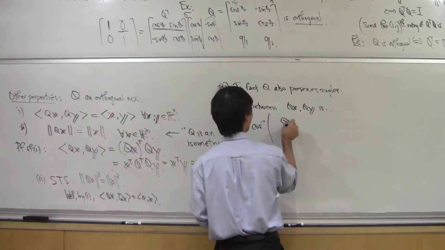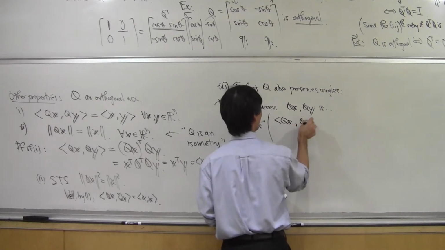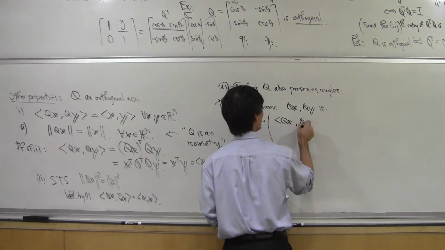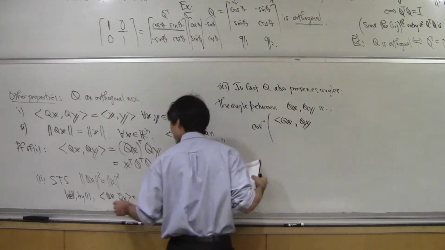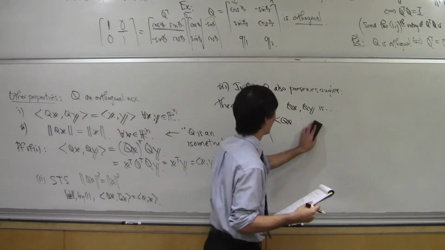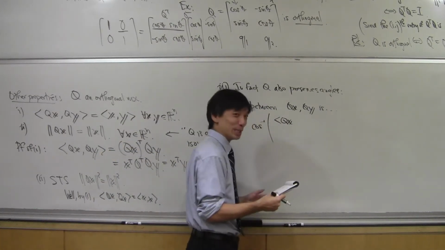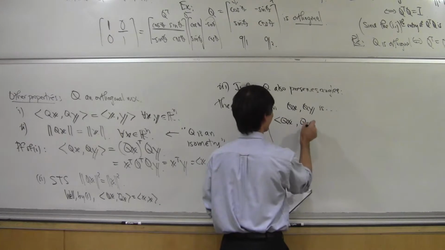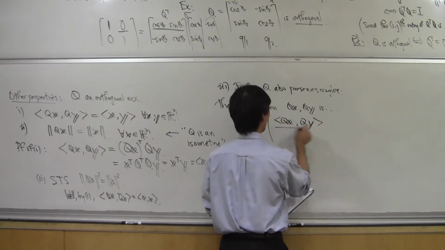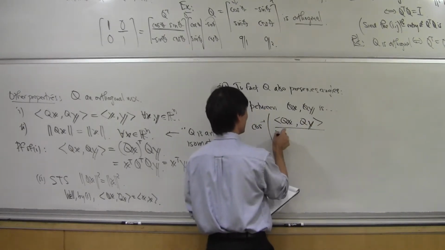The dot product of the vectors. How about you're forbidden to say anything more? The dot product of the vectors over the product of the magnitudes.